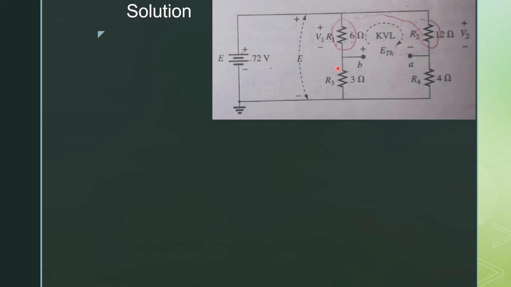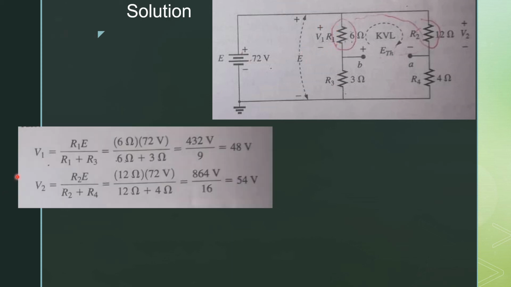Now from the figure you will see that this E is parallel to these 2 resistors and it is parallel to these 2 resistors also. So the voltage at this point is 72 volts and also at this point is 72 volts. So first we apply VDR to this loop in order to find the value of V1.